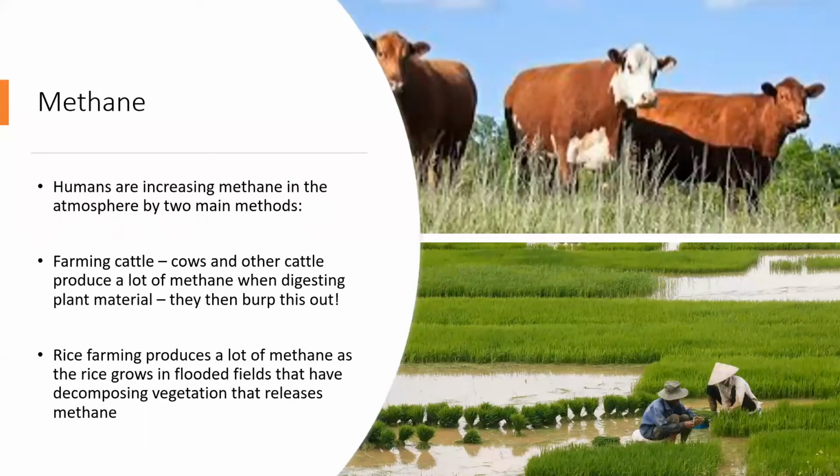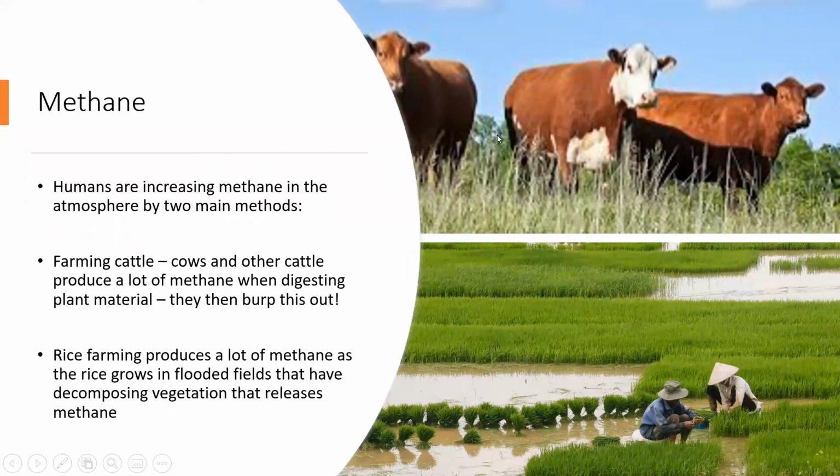Okay, so methane. This is asked a lot in exams. Increasing methane is a problem because it's a very potent, very strong greenhouse gas. We're not releasing as much of it as we are of carbon dioxide, but obviously it can contribute. Cows and other cattle produce a lot of methane when they digest grass.